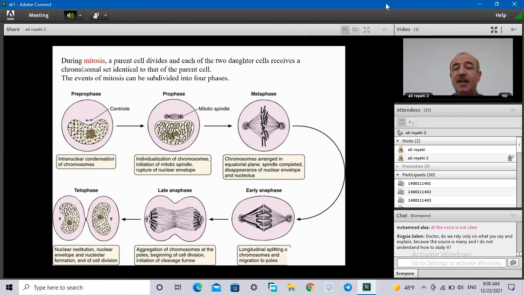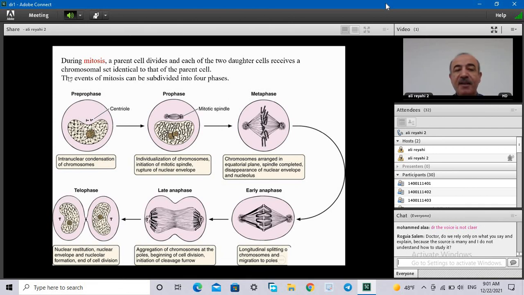Okay, during mitosis cell division, 2 daughter cells like the mother cell or parent cell are formed. So during mitosis, a parent cell divides, and each of 2 daughter cells receives a chromosomal set identical to that of the parent cell.